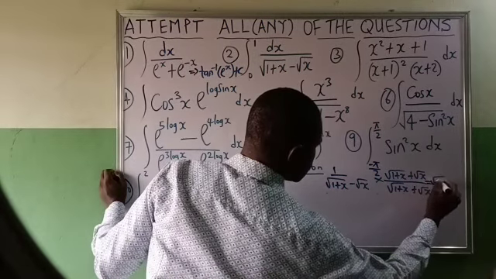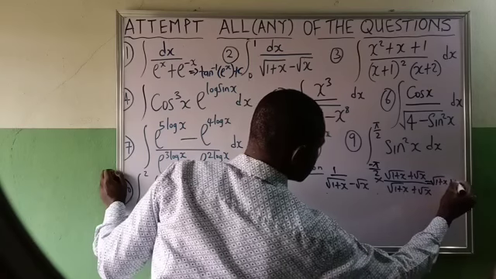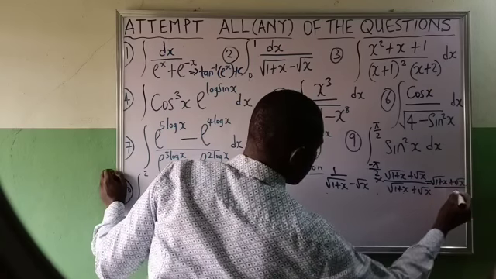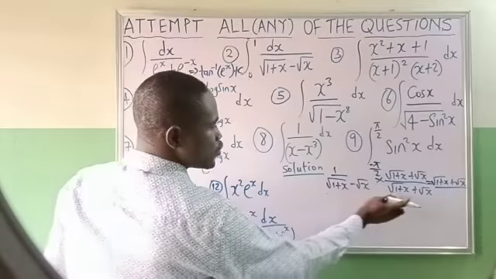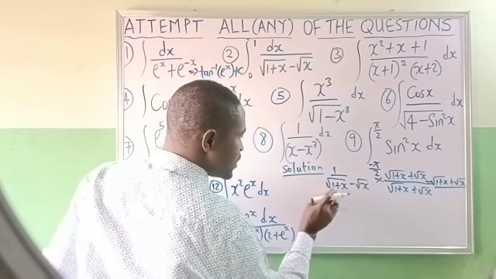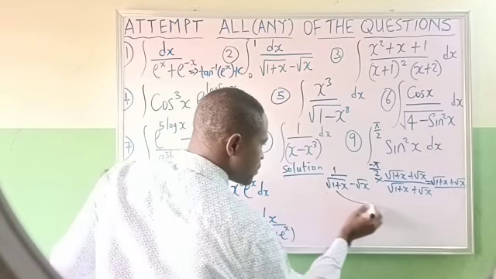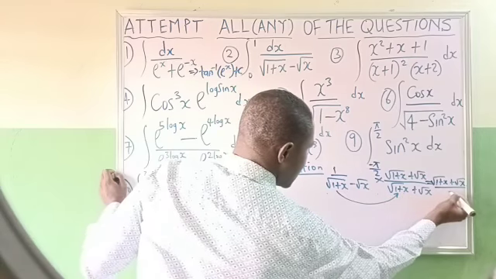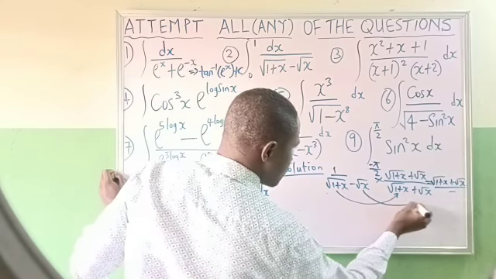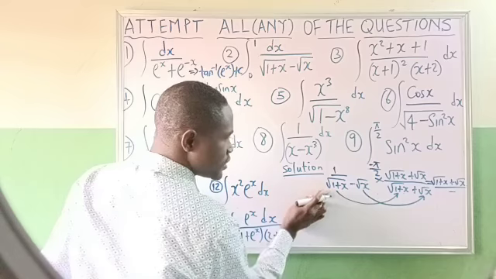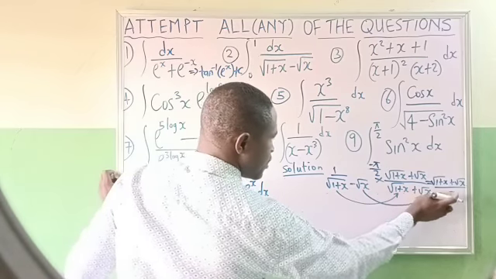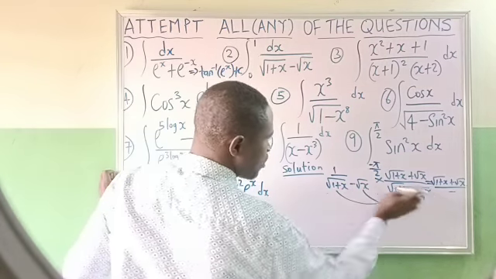Because these two are in conjugate, you say the first multiplied by the first minus the second multiplied by the second.